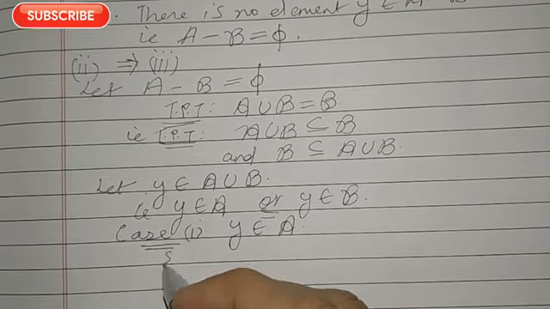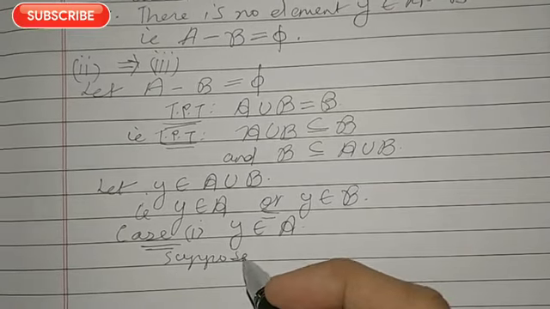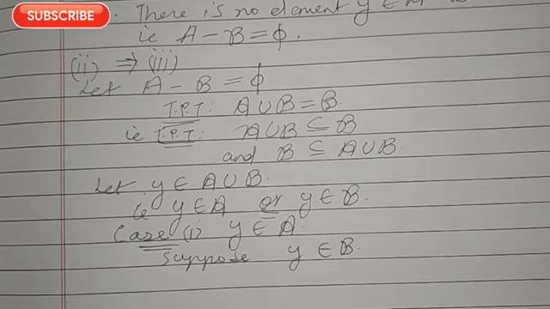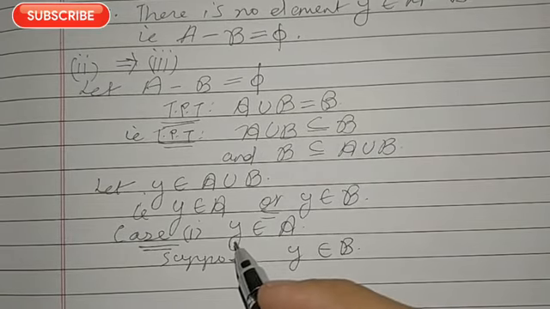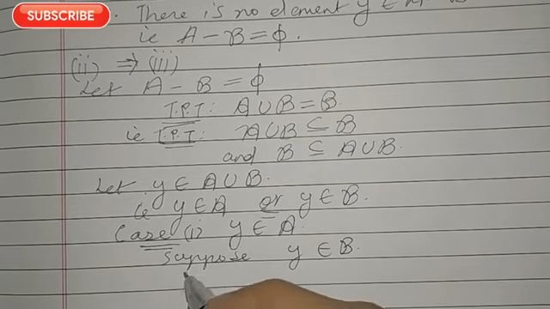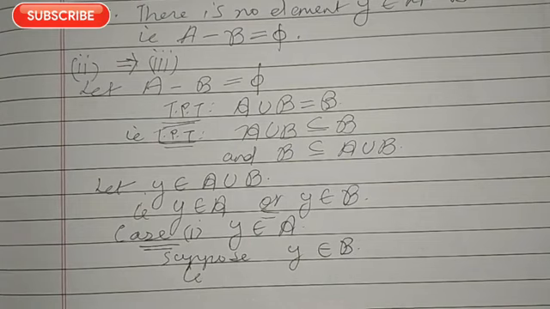Now suppose y belongs to B. Now in this case 1 we have to consider cases again. So now y belongs to A, right? Now suppose y belongs to B, what will happen?